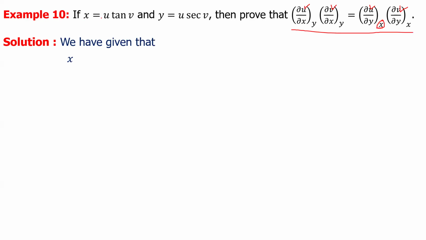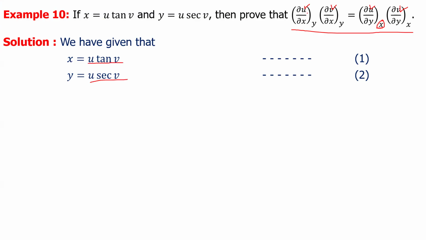So we have given that x is equal to u tan v. Let us give it equation number 1. y is equal to u sec v. Let us take it as equation number 2. Now here x and y are expressed in terms of u and v.